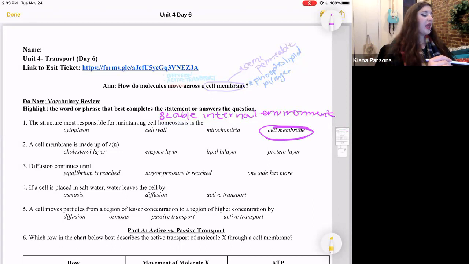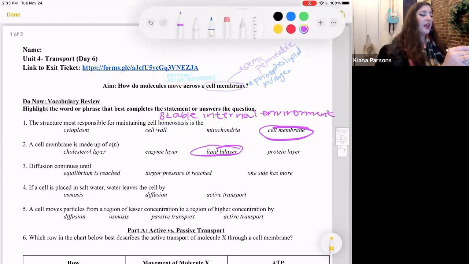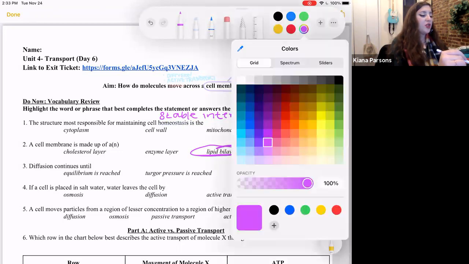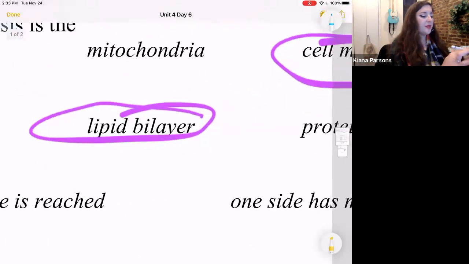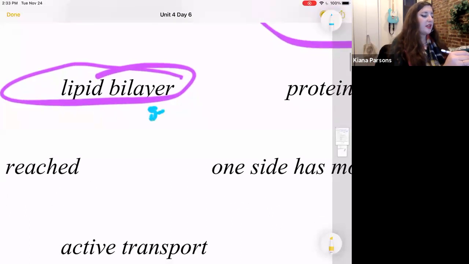Number two, a cell membrane is made up of a lipid bilayer. And we said, right, the phospholipid bilayer is critical to that special property of the cell membrane, right? Selective permeability.